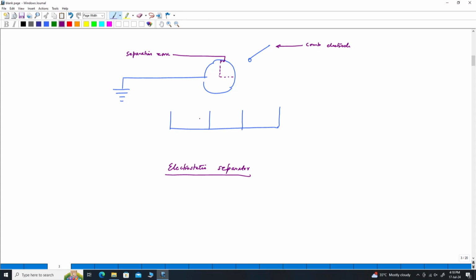What really happens here is we are feeding this separator with very fine raw materials, and based on the electric fields that are generated here and the magnetic fields, these are getting separated into various fractions. We will see how.